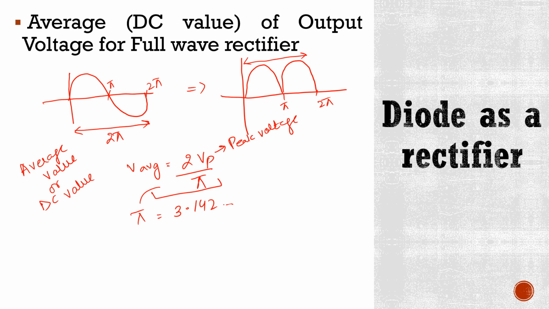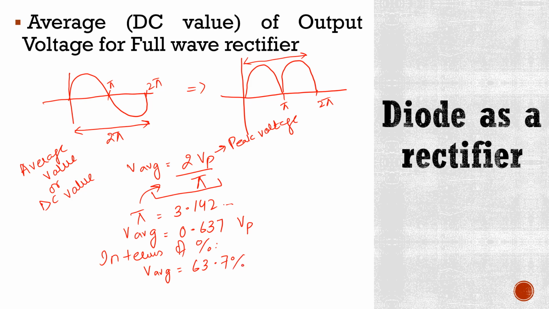If we put this value here in this equation, we get V average is equal to 0.637 Vp, and in terms of percentage, this equation will become V average is equal to 63.7% Vp. It shows that the average value is approximately 63.7% of peak voltage for a full wave rectified voltage.